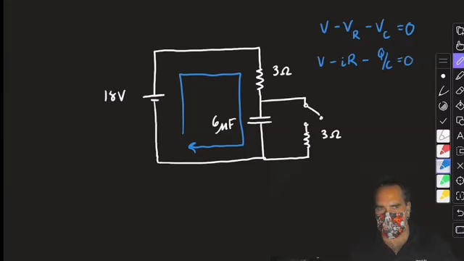When I set up this circuit and it operates, all the voltage will be across the capacitor, and the capacitor will be charged. This is known as the steady state condition.